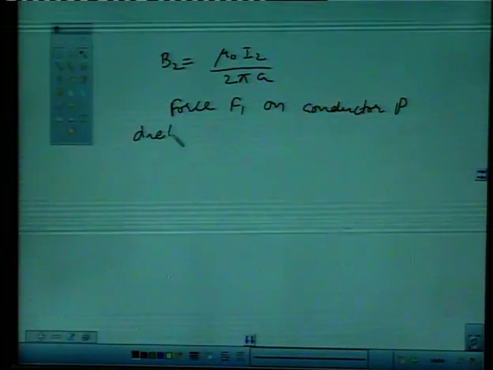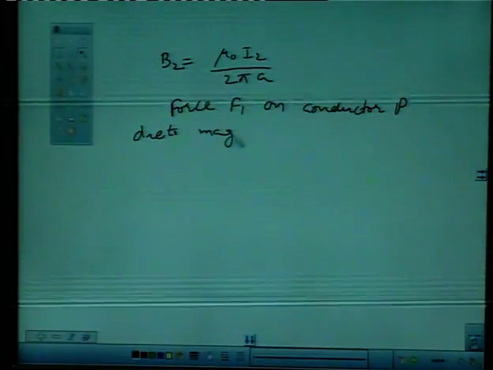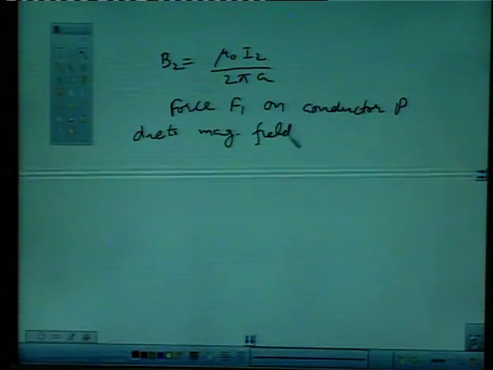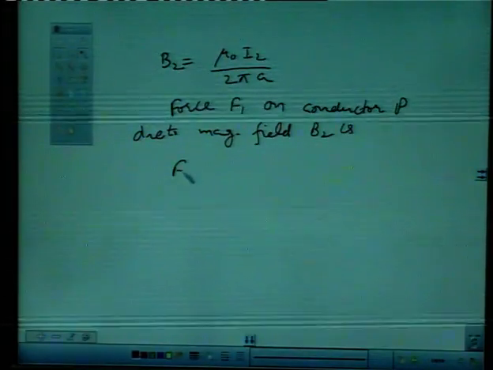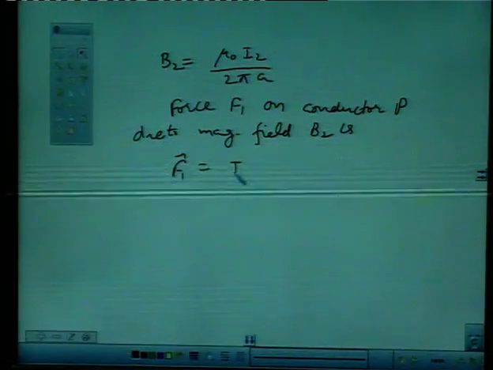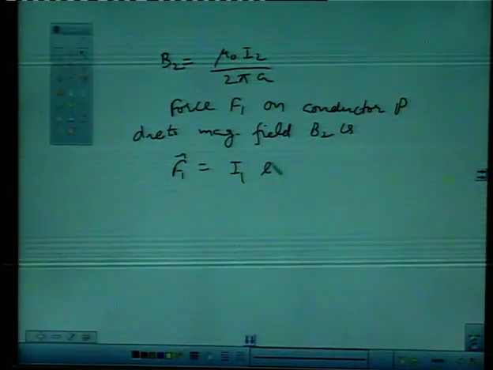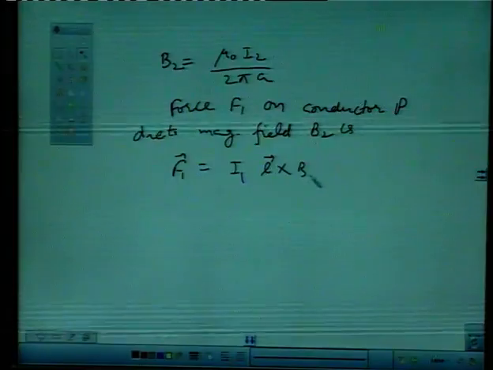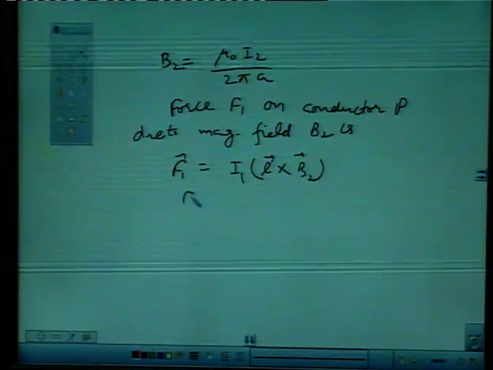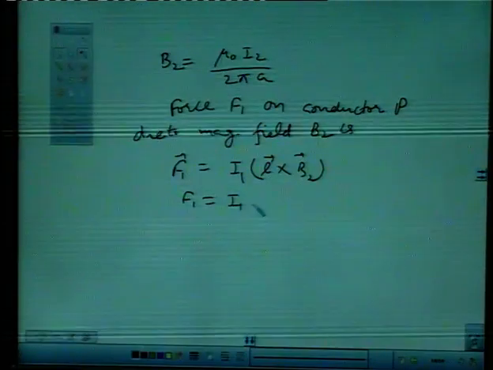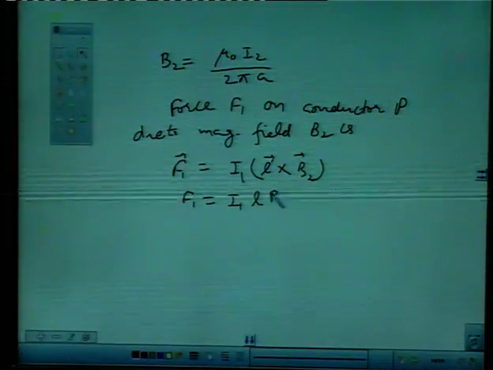due to magnetic field B2 is, the force is F1 vector. This is equal to I1 L vector cross B2 vector. L and B2 again are perpendicular, so F1 is equal to I1 L into B2.